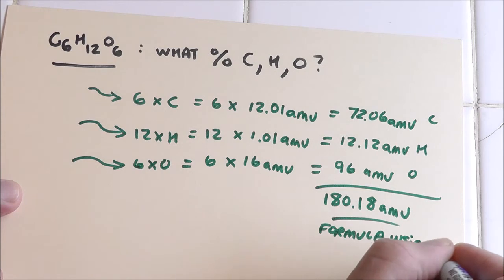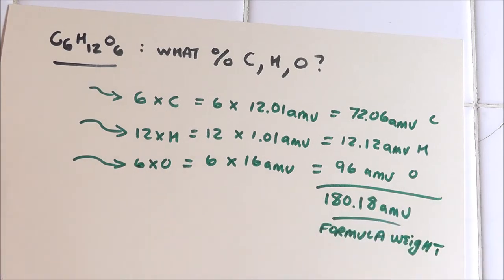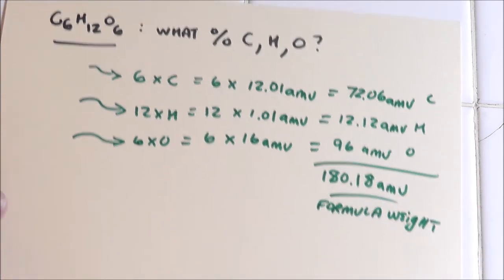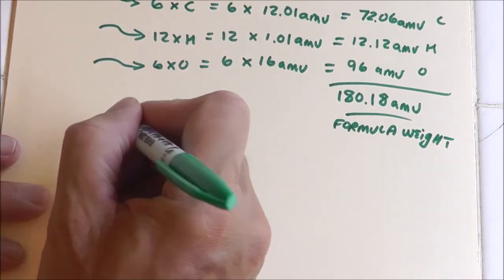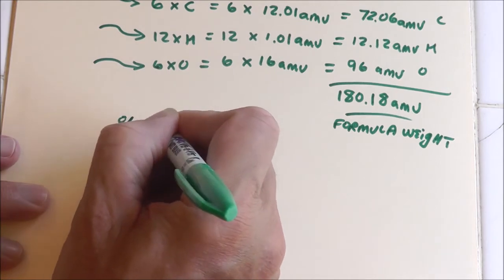You heard atomic weight. It's called other things, which I'll talk about later. I don't want to use a term that we're not at yet. So that's the whole thing. So I want to do percent carbon.